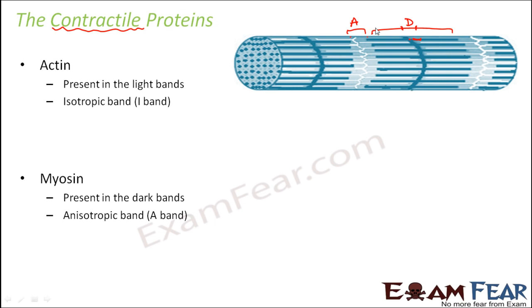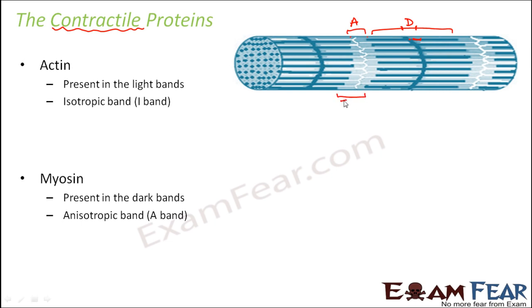Again beyond this it is a combination of actin and myosin. That means the distribution of myosin in the dark band is not uniform throughout. That is why it is called anisotropic. Here it is comparatively inhomogeneous when compared to the I band. That is why the actin region is known as the isotropic band or the I band.